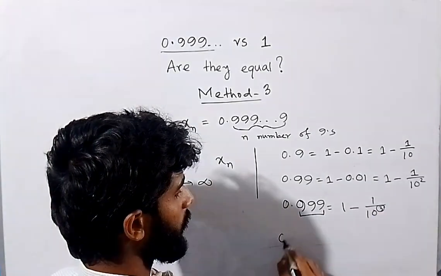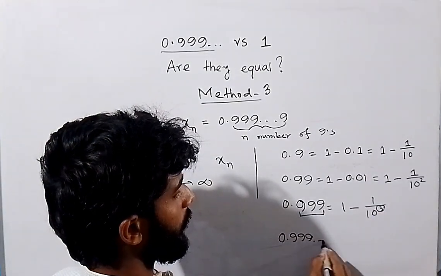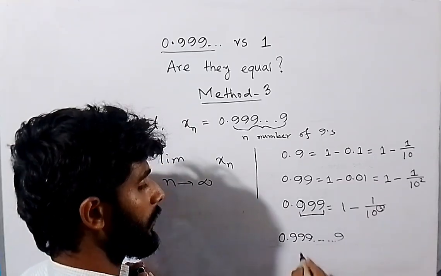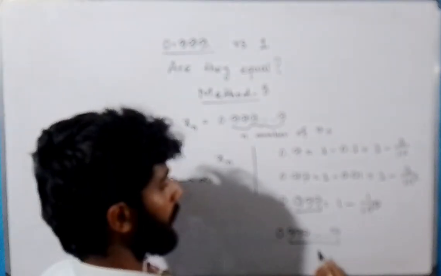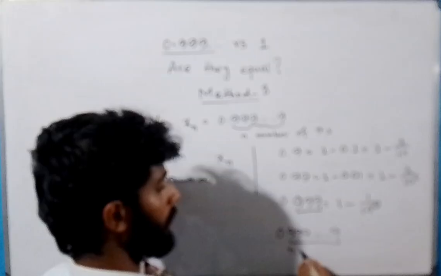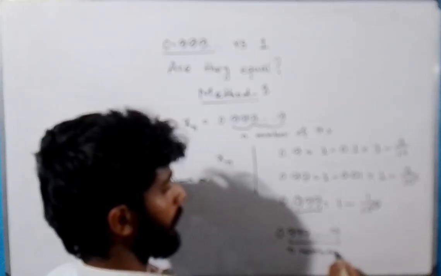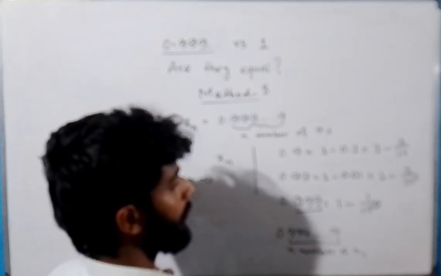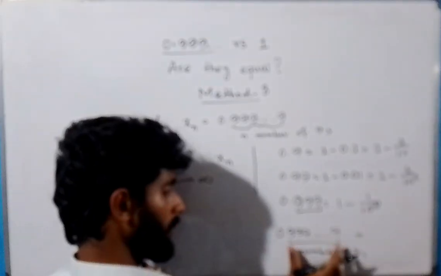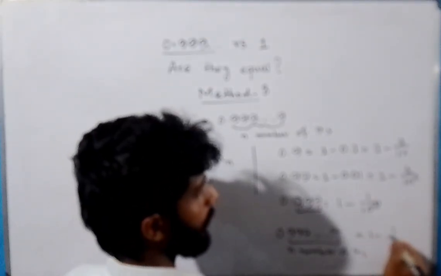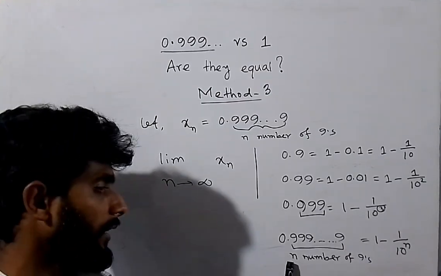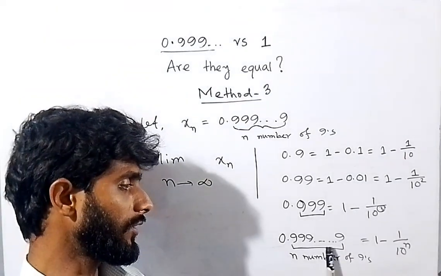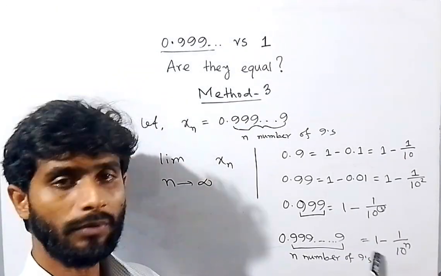So if I take the number 0.999 and so on, and in this part there are n 9s, then this number can be written as 1 minus 1 by 10 to the power n, right? n is the number of 9s, and the number can be written in this format.